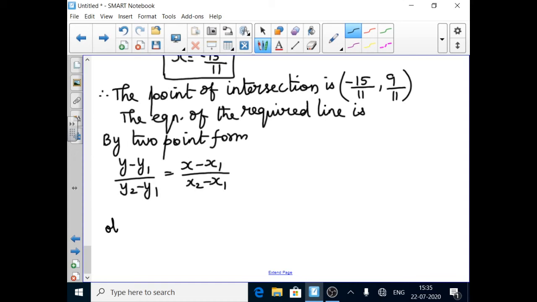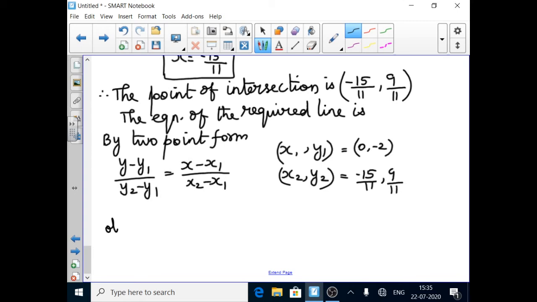Substitute the points x1 comma y1, x2 comma y2. For x1 comma y1 I take the first point, 0 comma minus 2. The second point is minus 15 by 11 comma 9 by 11. Fractions like this, so do it carefully.